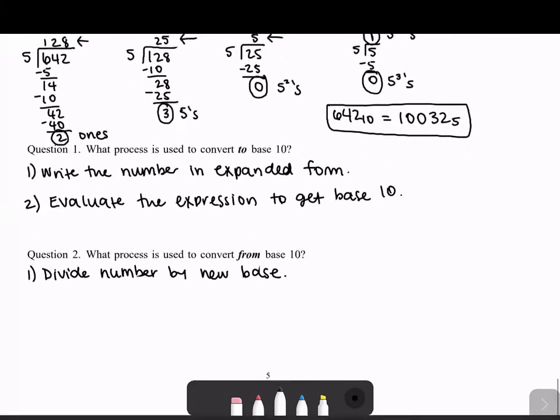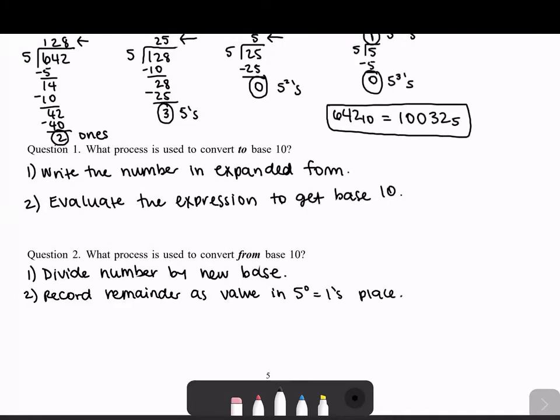Now we record the remainder as the ones value. So that remainder goes in as the value in the 5 to the 0, which is the ones place.